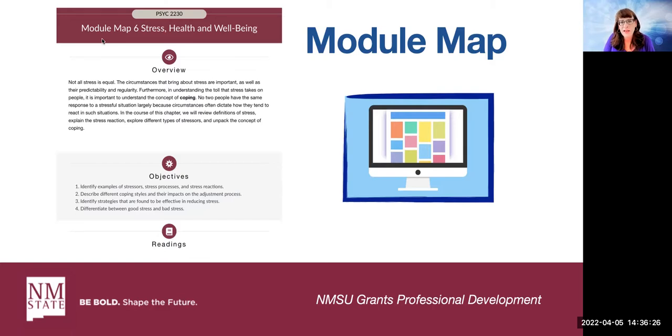Now, I do recommend, instead of saying module map 6, give it a name, give it a title. I align my modules to the chapters in the textbook. This just makes it easy and consistent for students to understand across the board. Now, if everybody's naming their modules module 1, 2, 3, 4, 5, they may have 3 or 4 courses where there's module 1, 2, 3, 4, 5.